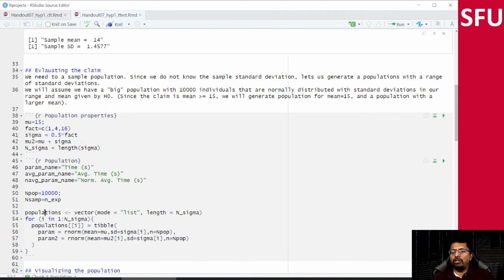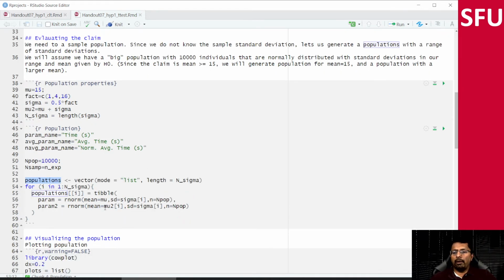Now I'm going to generate all of my populations in a loop where I have the mean fixed to 15, and then one more mean which is a little bit higher by one standard deviation, just to illustrate how it's going to look. More importantly, we pick the standard deviation to be 0.5, then 0.5 times 4 is 2, and 0.5 times 16 is 8.